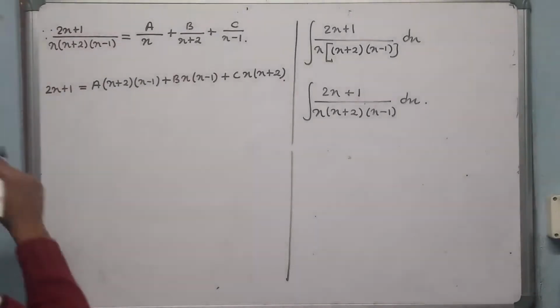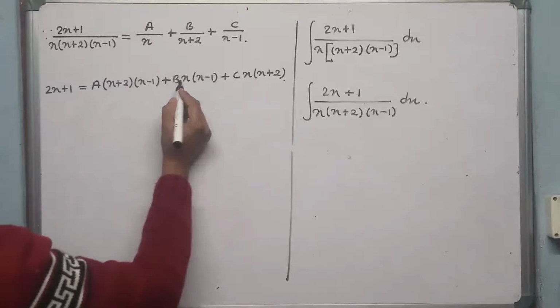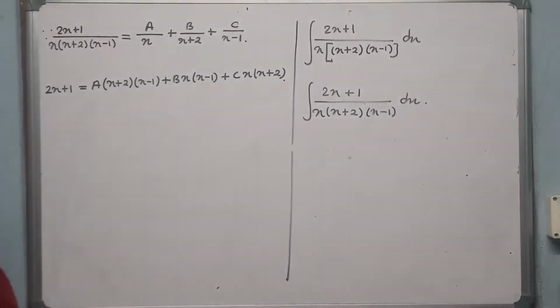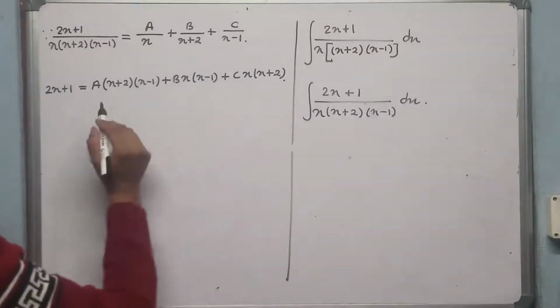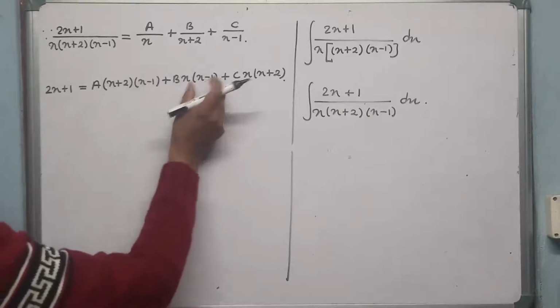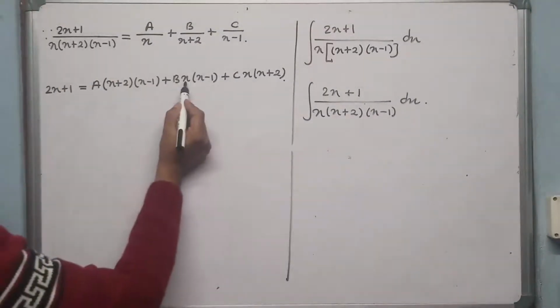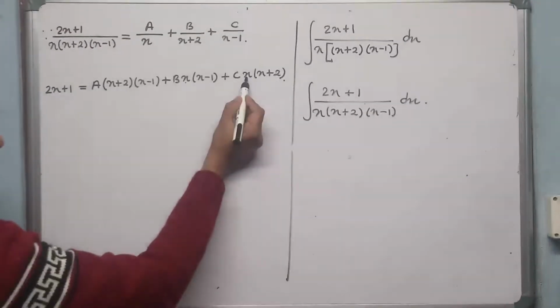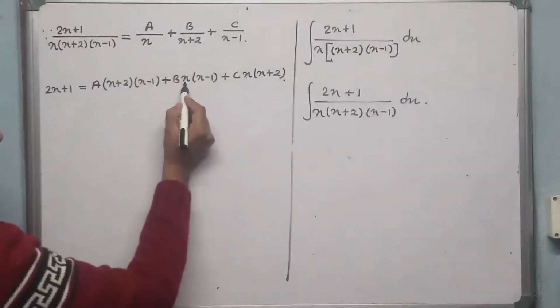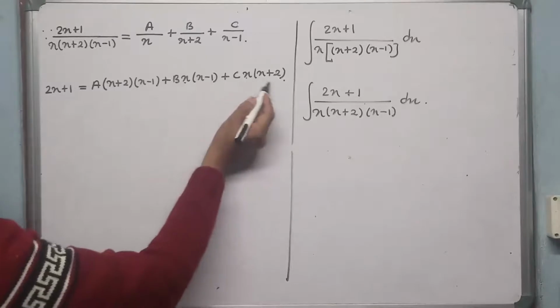Now to find the value of A, we have to make B and C zero. To make B and C zero, we must have some common quantity of x in B and C. Now x is over here, x is also here. So if I consider x equals 0, both B and C will be 0.